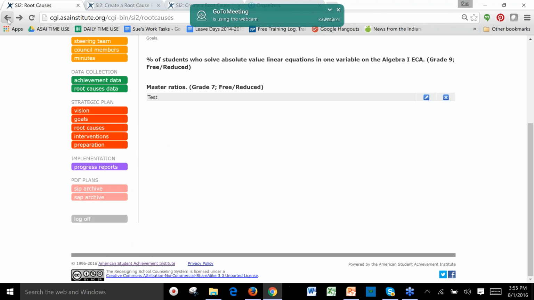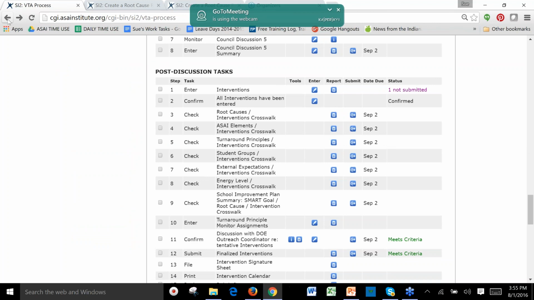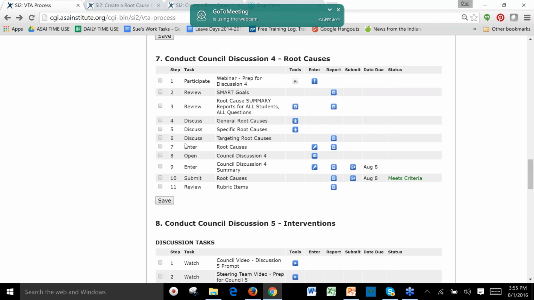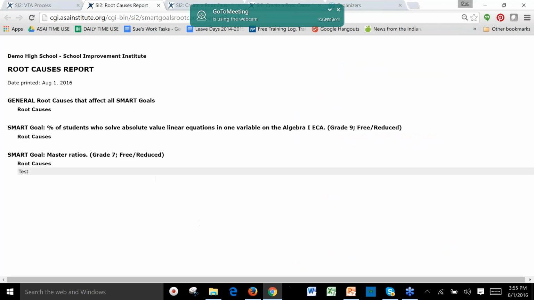Then one other thing I wanted to show you here is that after you have entered your root cause, this report lists all of your goals, your general root causes, and then it will say what the SMART goal is and what root causes you have identified that are impacting that SMART goal.